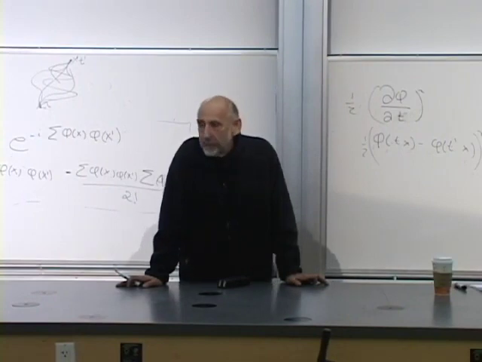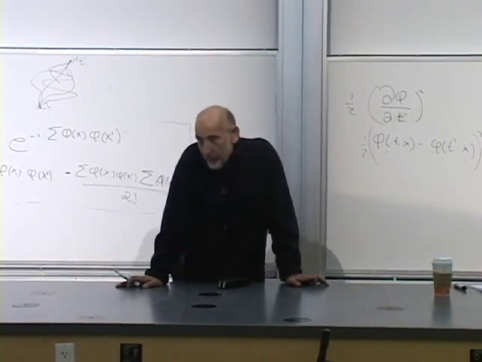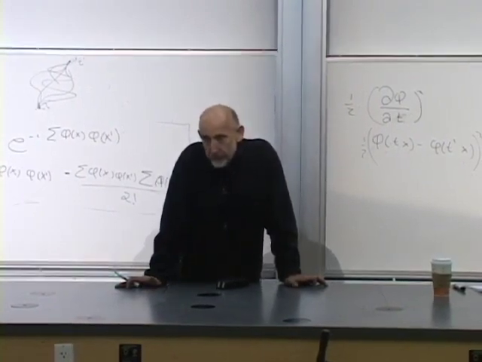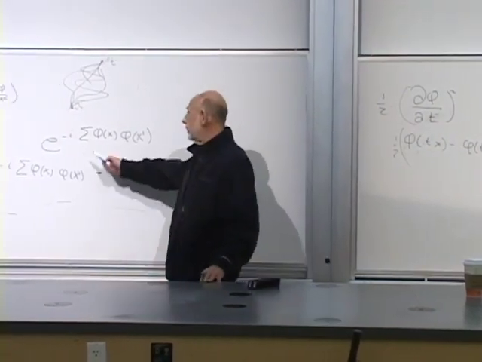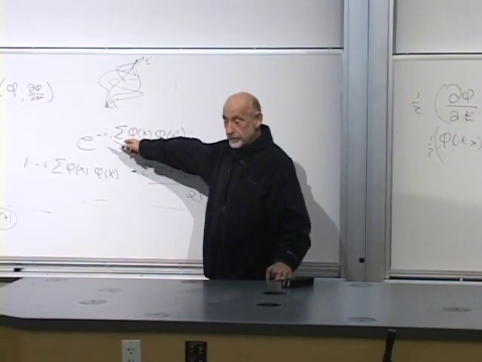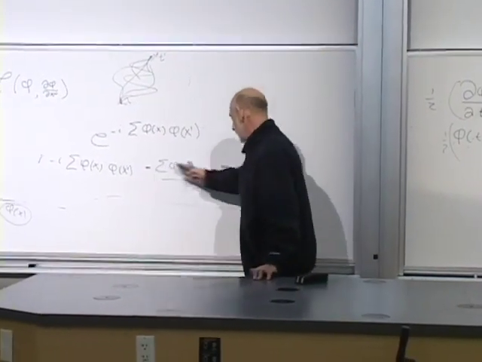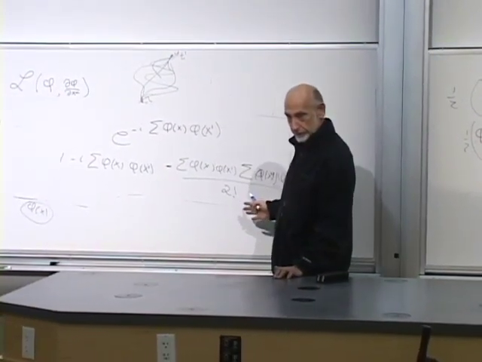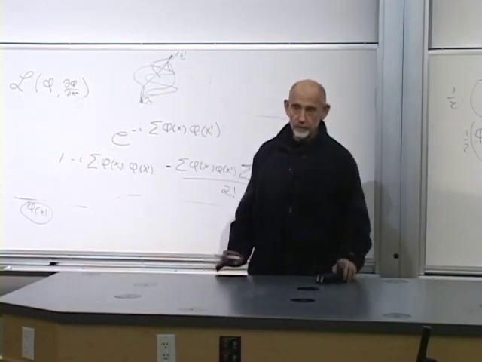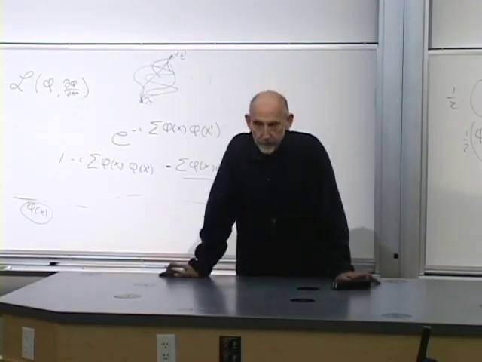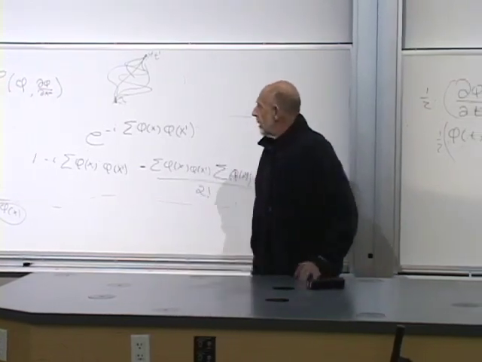This part converges, yes, it's an expansion of e to the i something, but the sum over configurations doesn't have to converge. That's right. And this is going to be some finite number of total configurations considered.